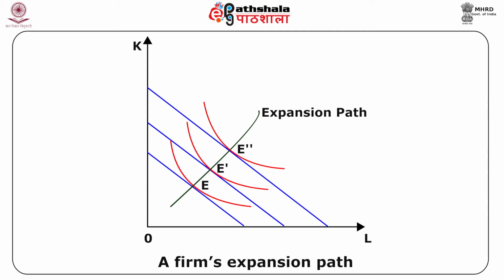Further expansion leads to yet another equilibrium point, E double dash. All the 3 points E, E dash and E double dash are least cost input combinations given by tangency of the ISO cost line to the ISO quant for producing various output levels. Connecting the origin with all 3 points gives us the curve which is known as the expansion path.